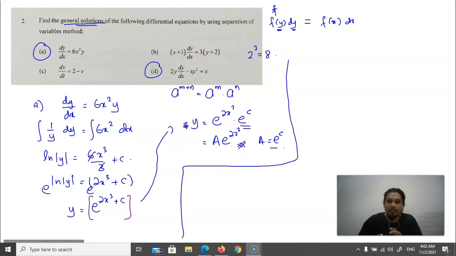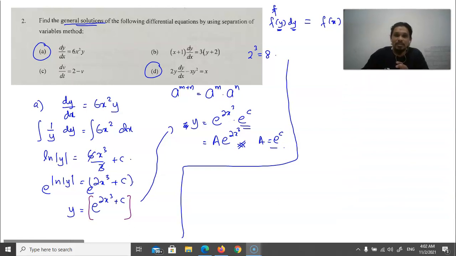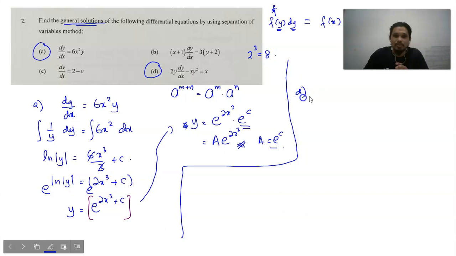And now the second part, the second question, which is d. I chose d now. 2y dy/dx minus xy squared equal to x. Okay.